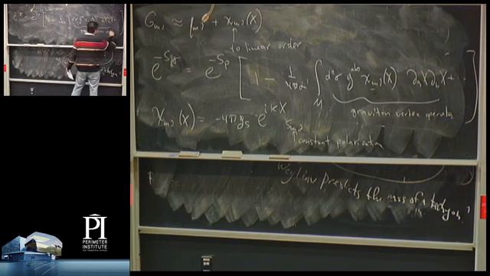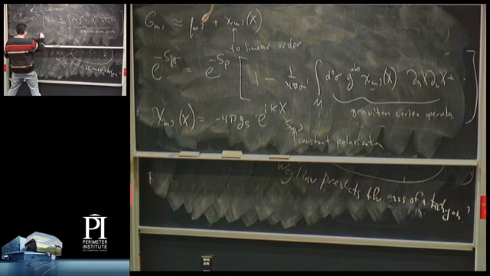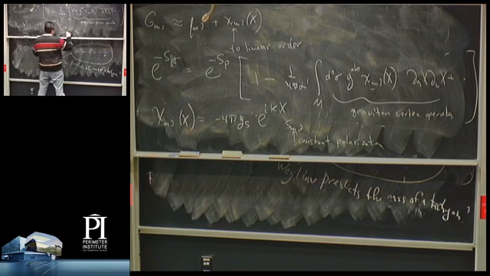In fact, I can be very precise: chi mu nu of x is equal to minus 4 pi g string times e to the i k x, where the polarization is just a constant polarization.